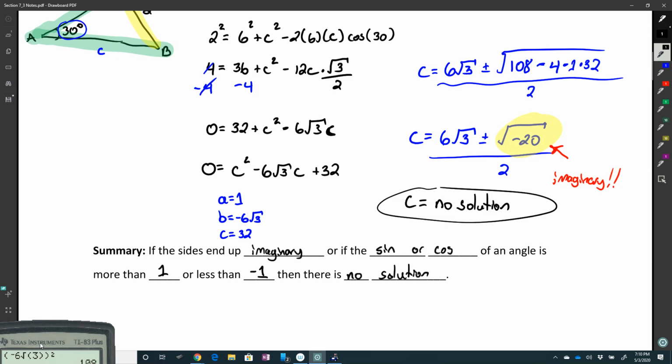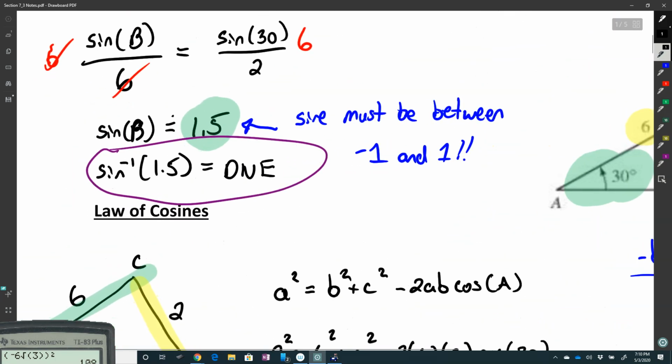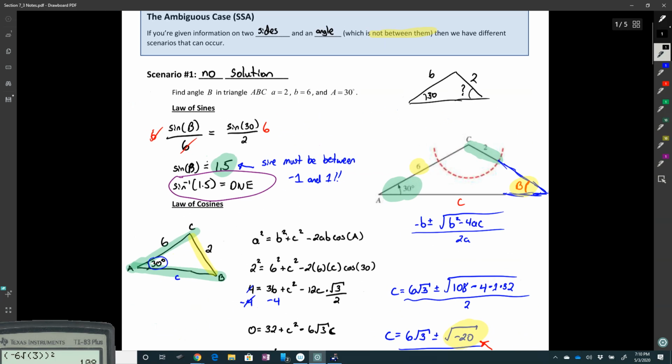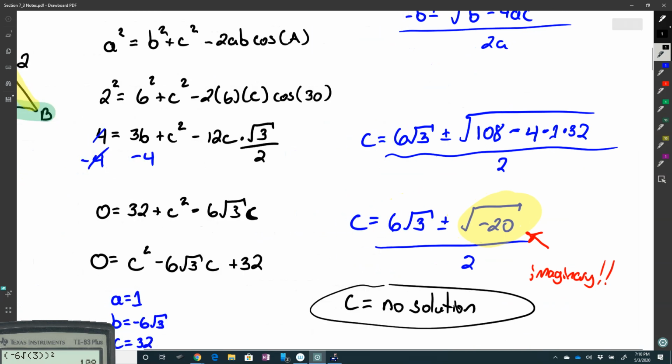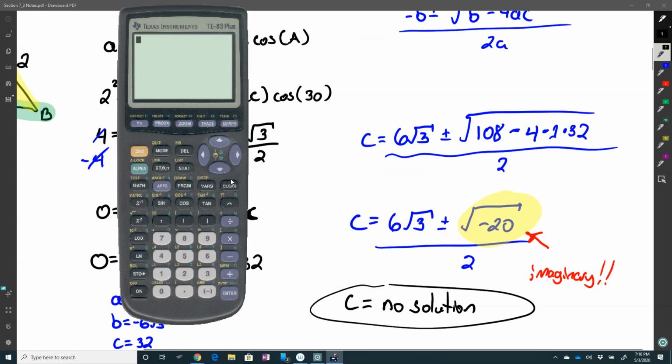So in this section, they make it seem like there's a lot of rules, but honestly, it's just doing the math. If you use the law of sines and cosines correctly, then it'll tell you no solution. You will get an error when you type that in your calculator. It'll say error, no solution, or imaginary solution.